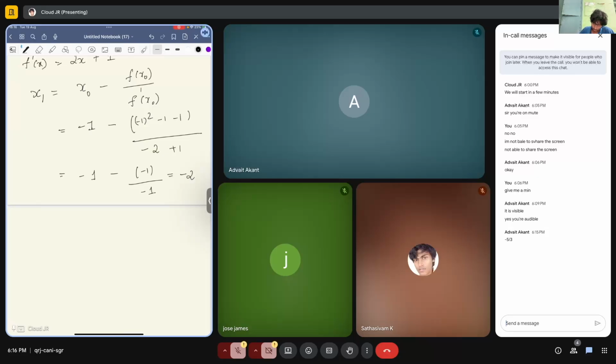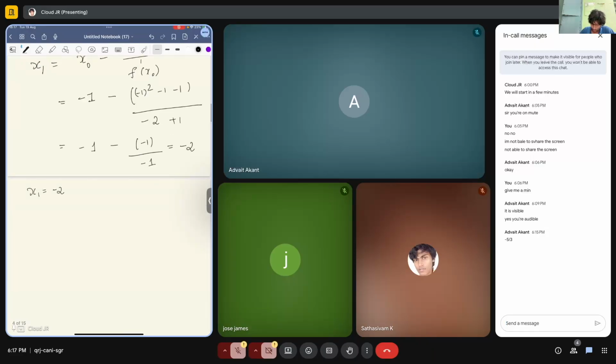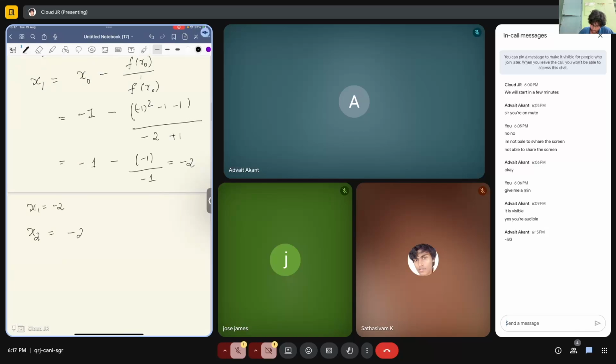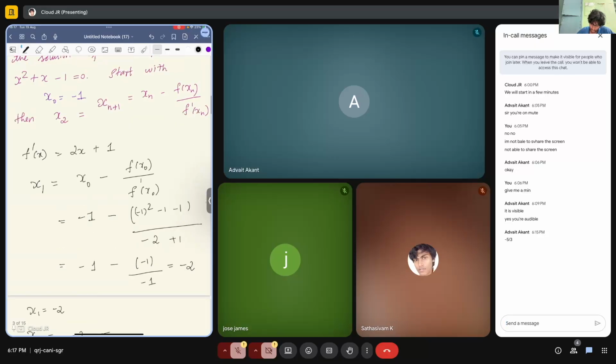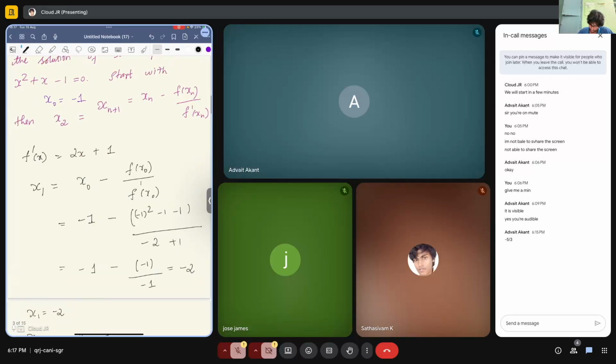So your x1 is now minus 2. Now you find x2. x2 is nothing but minus 2 minus. So you have to put f of x1. So you can see here.